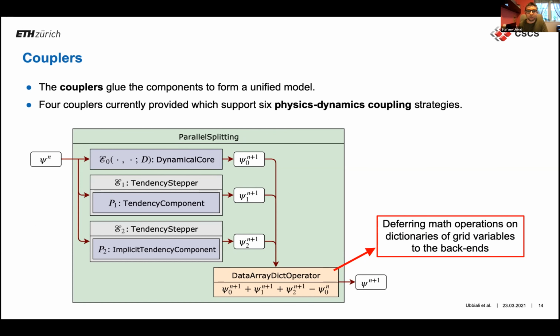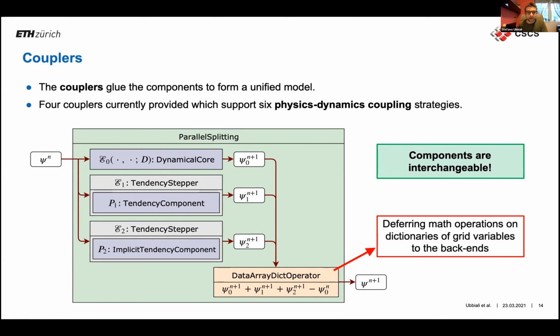Here, as an example, we have the parallel splitting coupler, which, as the name says, implements the parallel splitting coupling strategy, which basically means processing the components in parallel and in isolation, and combining the provisional states through a DataArray dict operator, which basically delegates all the math operations to the proper backend.